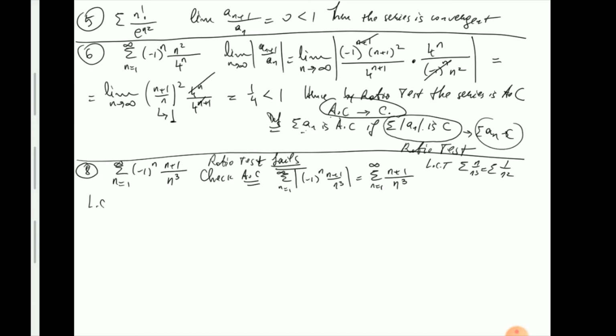So now I'm going to apply the limit comparison test. So I'm going to take the limit of (n plus 1) over n cubed divided by 1 over n squared. So that essentially means the limit as n goes to infinity of (n plus 1) times n squared over n cubed.